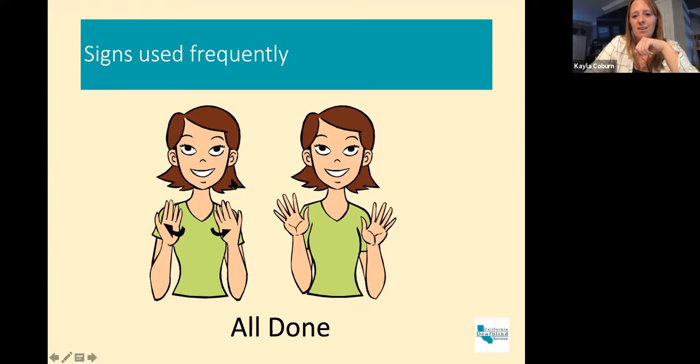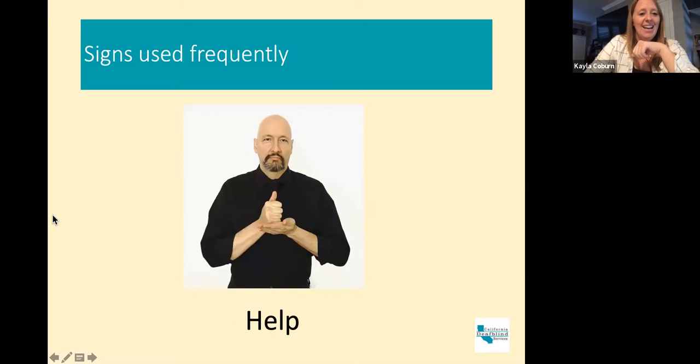Next is help. This is another tricky one, but it's very helpful for students to be able to ask for help. So it's a thumb, and you put it on your other hand, and then you lift both hands up.